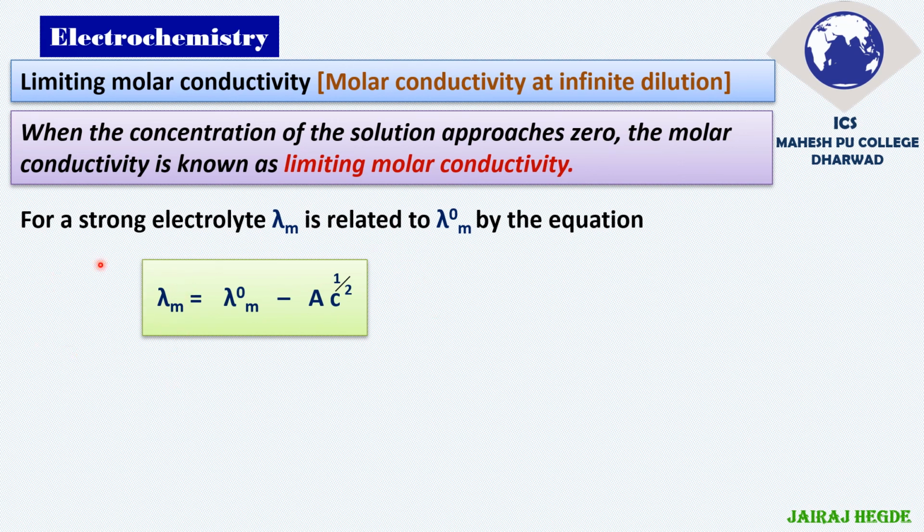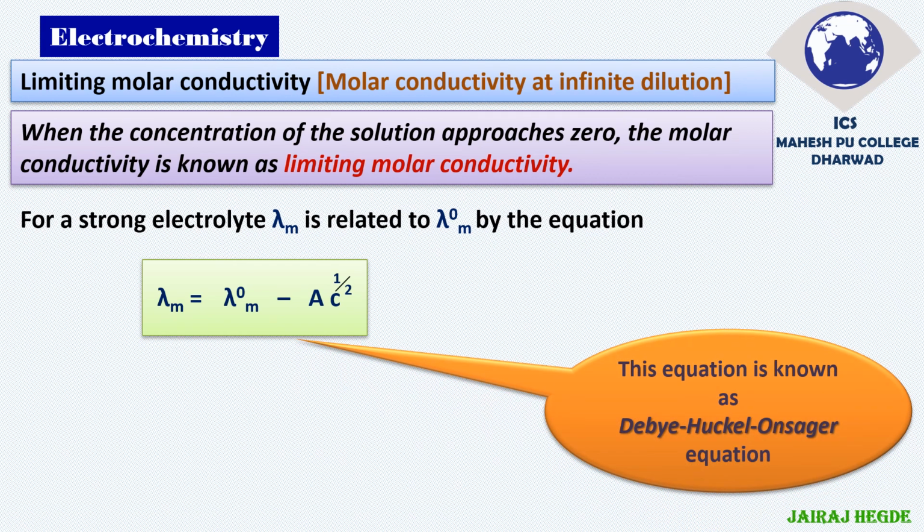It says lambda m is equal to lambda m naught minus A root C. This lambda m naught is called limiting molar conductance, limiting molar conductivity, and C is the concentration, and lambda m is the molar conductivity at a concentration C. Here A is a constant.